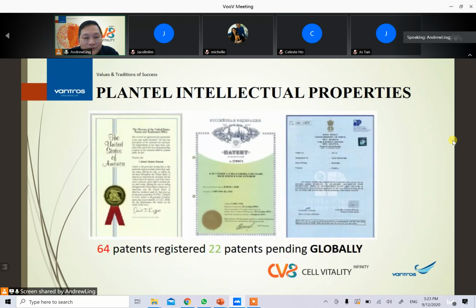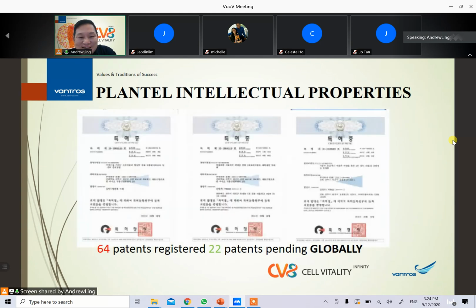Okay, and of course, this company has successfully isolated many different types of rare plants. That is why they have 64 patents registered and 22 patents still pending globally. Okay, these are actually their intellectual properties.